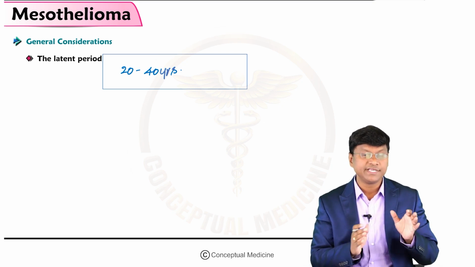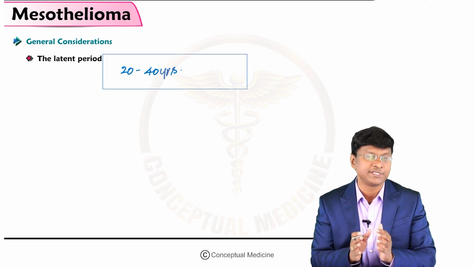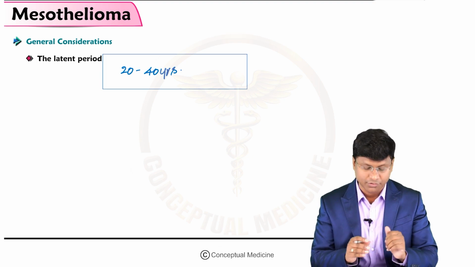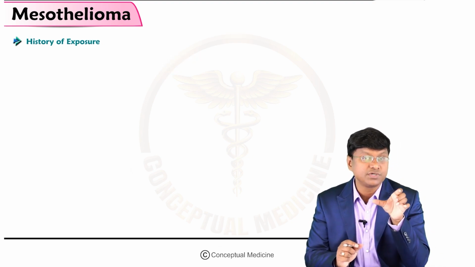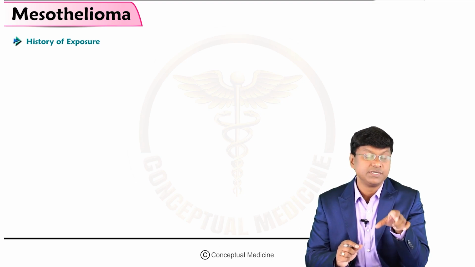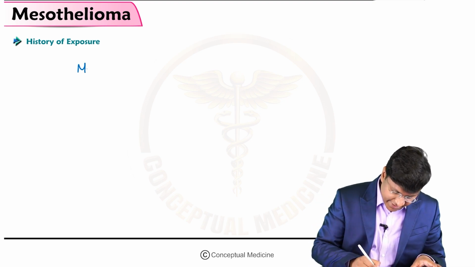Now, coming to the history of exposure. It is mainly asbestos exposure which will make the individual develop mesothelioma. Now, the question is, in which group of individuals does asbestos exposure occur? It occurs through mining.